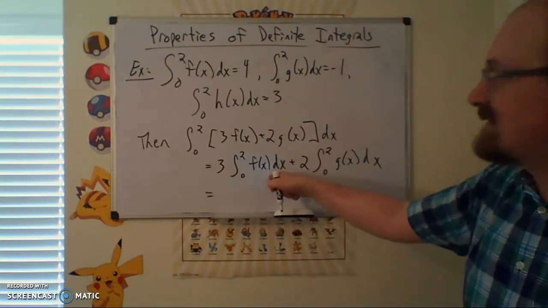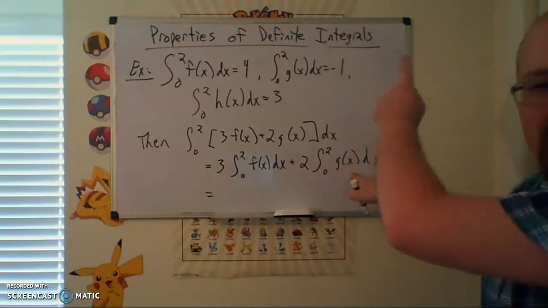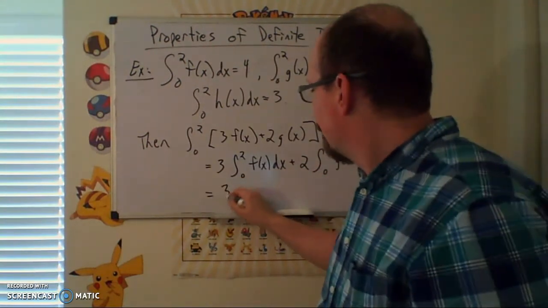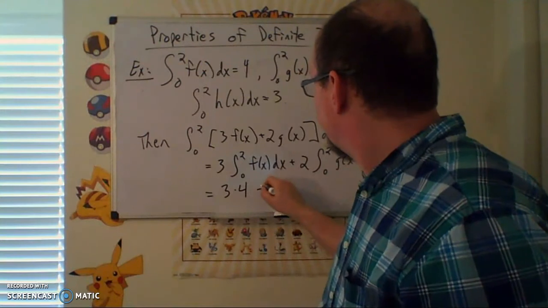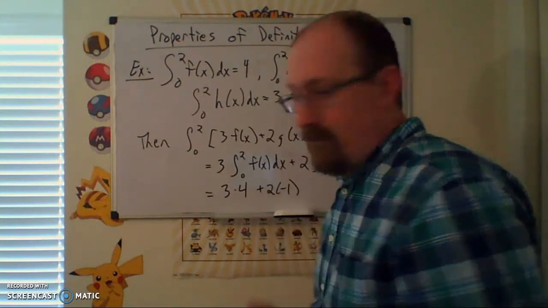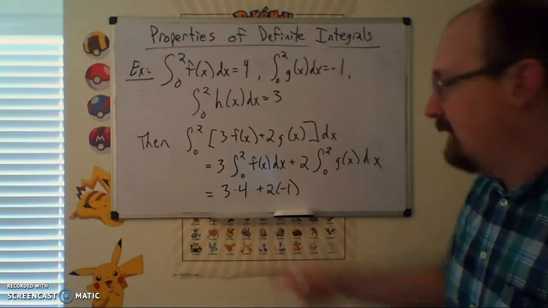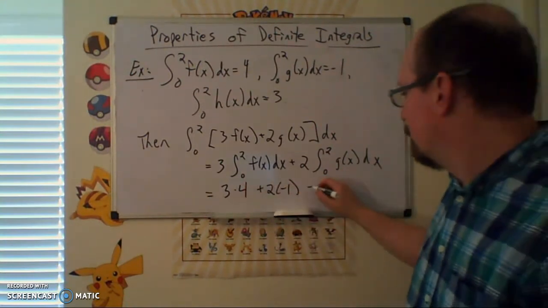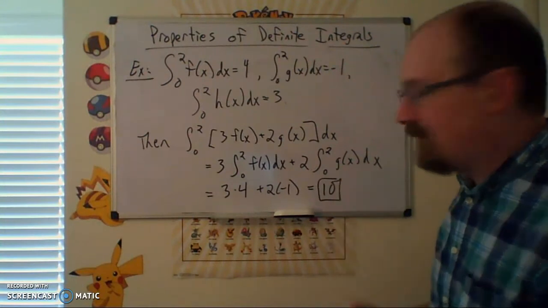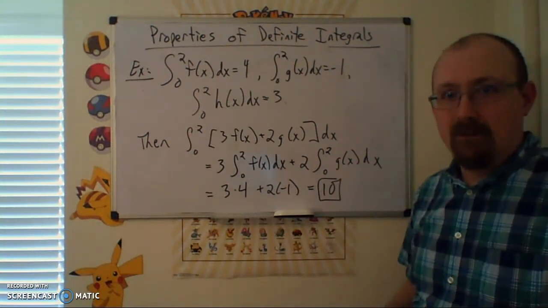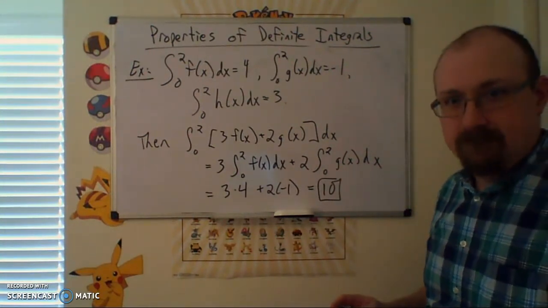We know the value of this guy. He's 4. We know the value of this guy. It's -1. So we have 3 times 4 plus 2 times -1. That's 12, and that's -2. So we get an overall value of the definite integral of 10.